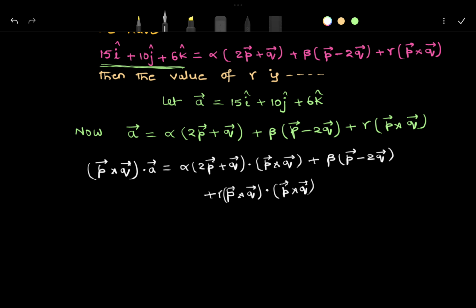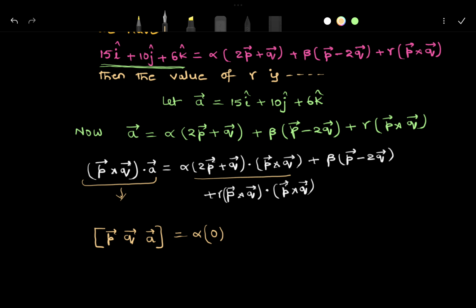The left hand side you can write as the box of P bar, Q bar and A bar. The next one is alpha into (2P plus Q) dot (P cross Q), that means 2 P bar dot P cross Q plus Q bar dot P cross Q. According to the properties of dot product and cross product, this entire result becomes 0.